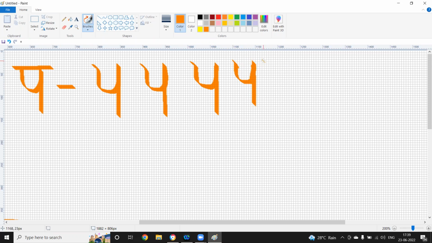We don't have a Shirorekha, but if I just draw an imaginary Shirorekha on top of it, this is how it should look. Both should be ending at the same point. And if I draw the 3 line along with it, because this curve got hidden in between, I'm just drawing it again.